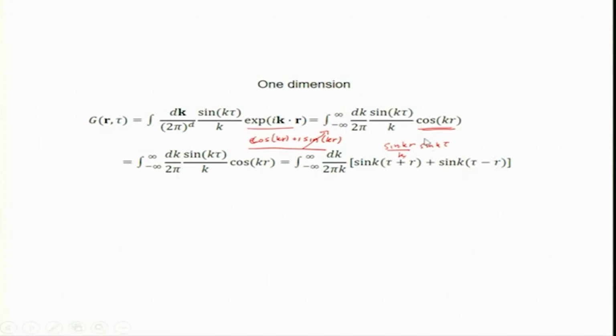This you know, right: 2 sin a cos b is sin(a plus b) plus sin(a minus b). Okay, I just use this formula. Trigonometry. I do not know how many of you remember this, but this is a trigonometry formula. So it gives me that.